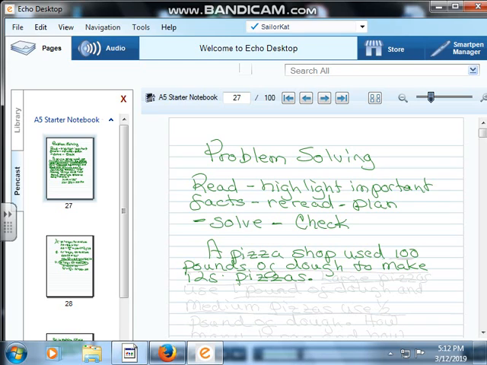The other information that we get is that large pizzas use 1 pound of dough. And medium pizzas use 1/2 pound of dough.